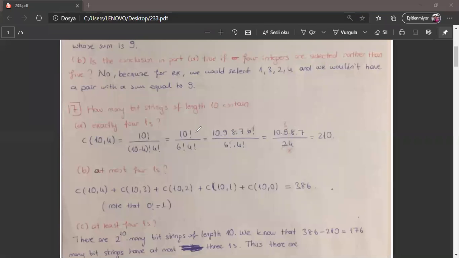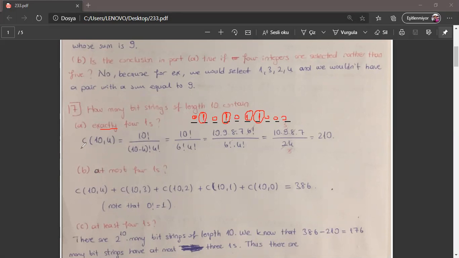So we have 10 digits, and 4 of them, for example, this and this, will be exactly 1, and the rest will necessarily be 0. So it's enough to choose 4 digits among these 10 digits to determine the place of the ones, okay?